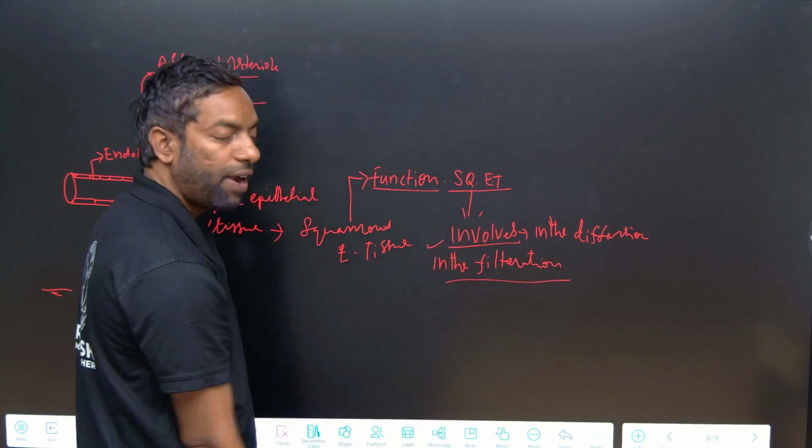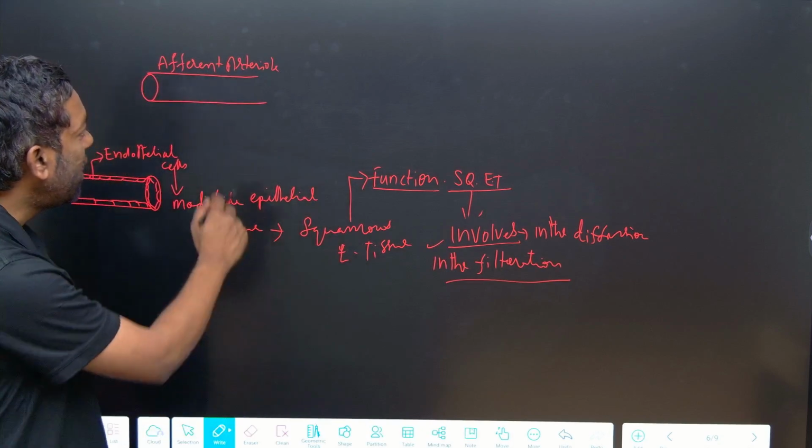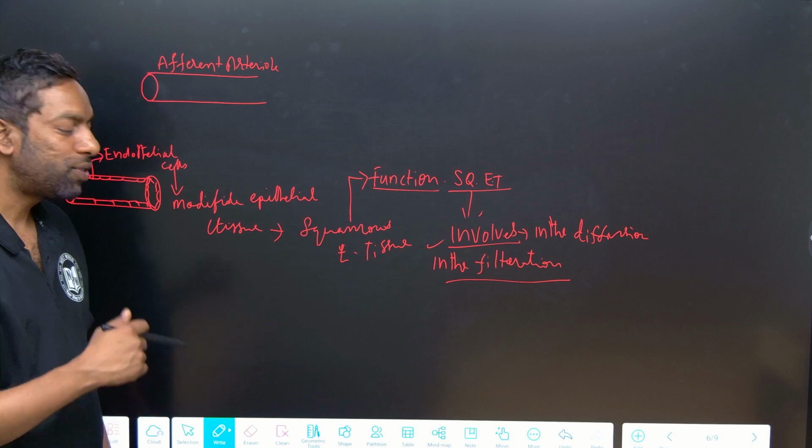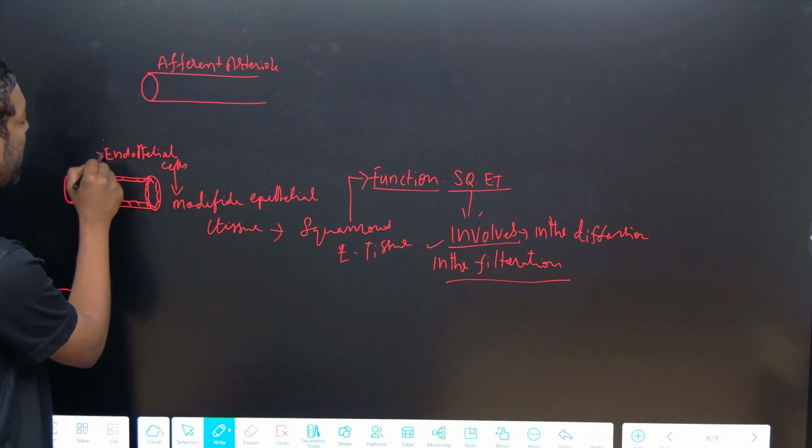So filtration is the function here, right? Filtration is required here, so the squamous epithelial tissue, the endothelial tissue, is involved.